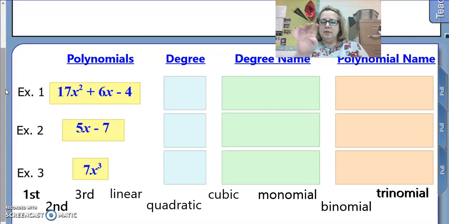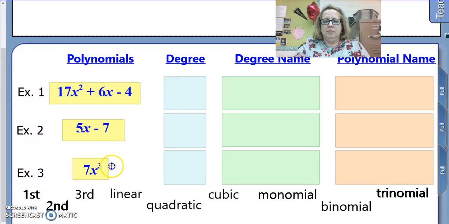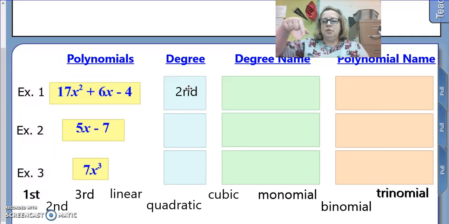If you wanted to look at the degree, you would look at the highest exponent in that expression. And the highest exponent is 2. So it's a second degree expression. If it has an x squared, that makes it quadratic. So the degree name is quadratic.